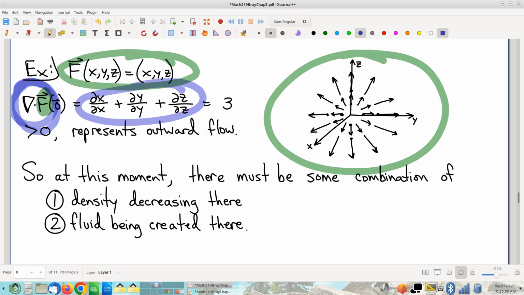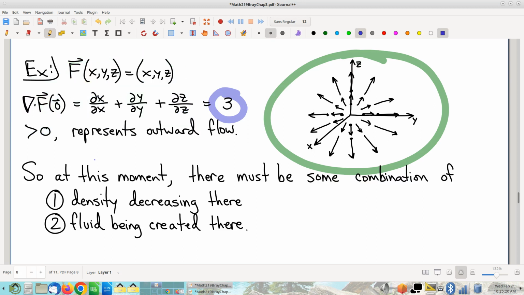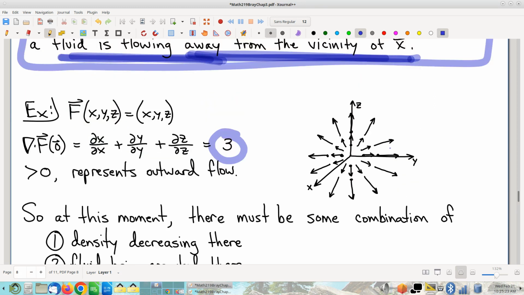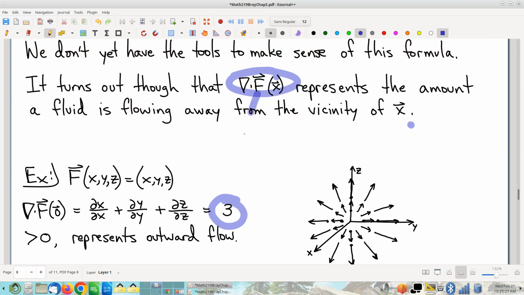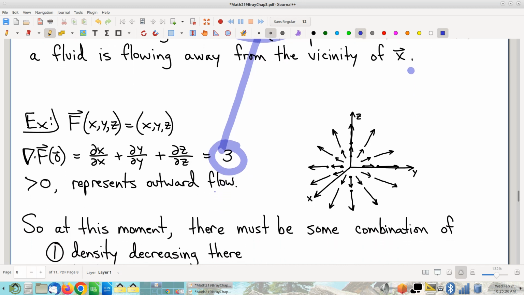And if you just compute those partials, they're really easy partials, and just punch it up, what you get is 3. Okay, now what does that mean? And does that track with the claim that we made, right? The claim was that divergence should represent the extent to which the fluid is flowing away from where you've computed it. Well, we just got through computing divergence at the origin.